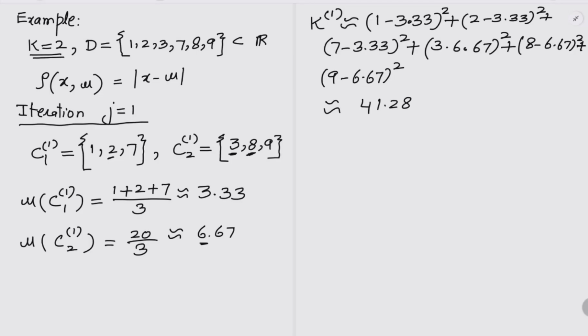Okay, so this is iteration number 1. Now we want to see if there is any change in clustering. So we make a table: point, the distance from rho to mu 1, the distance from rho to mu 2, and cluster, and if there is any change we write that change over here.